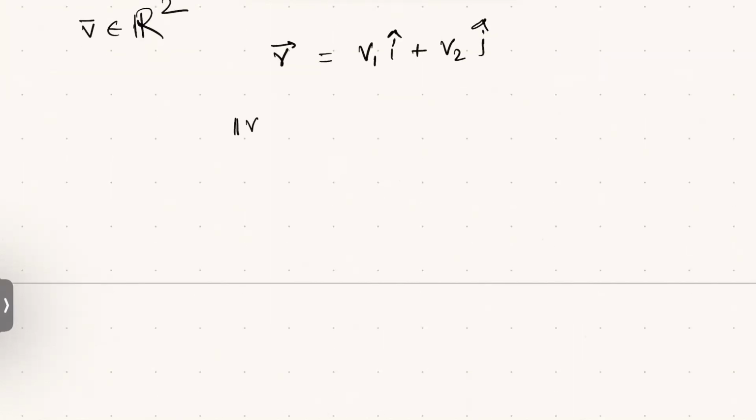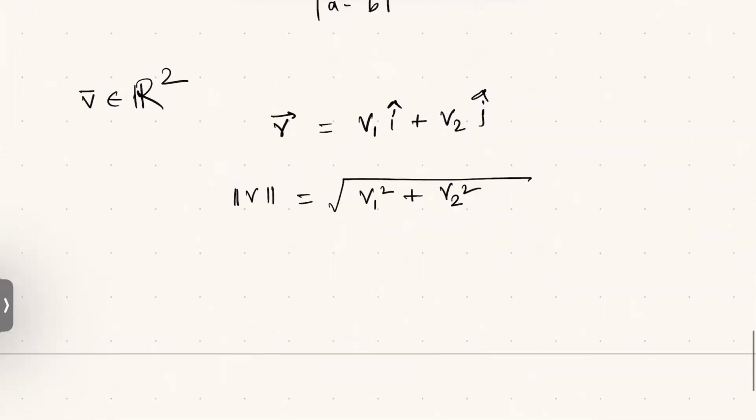And for any element in this set R2, if V is a vector in R2, then I can write V as V1 i hat plus V2 j hat. And what is the norm of this vector V? The absolute value of V is equal to the square root of V1 square plus V2 square.